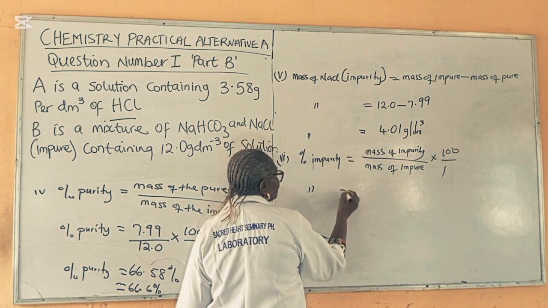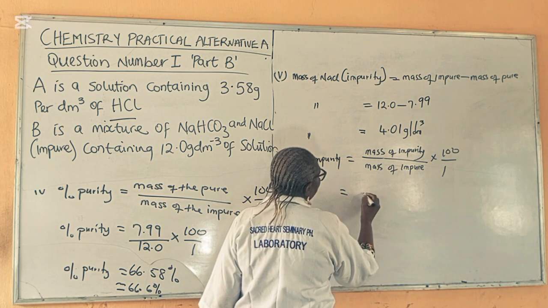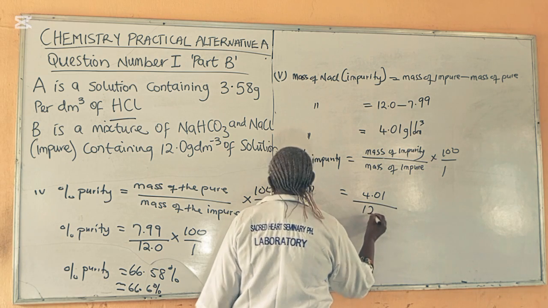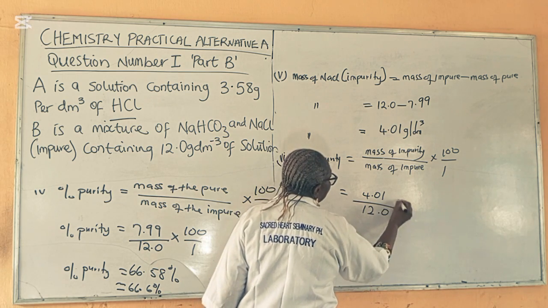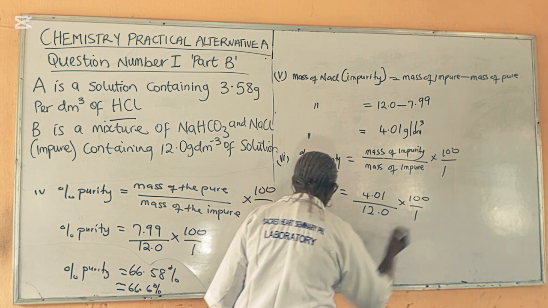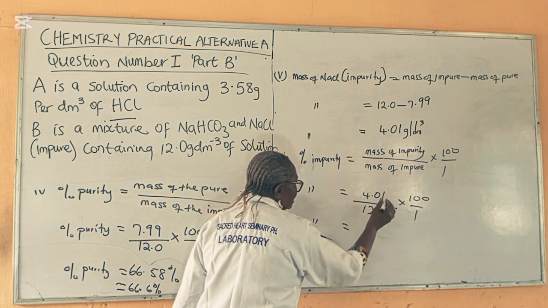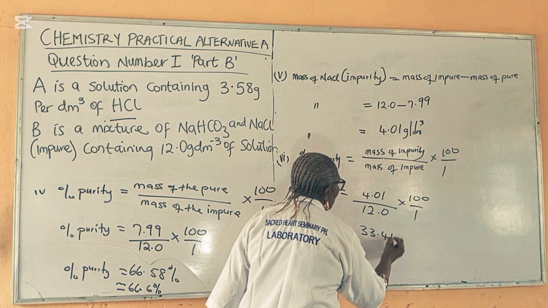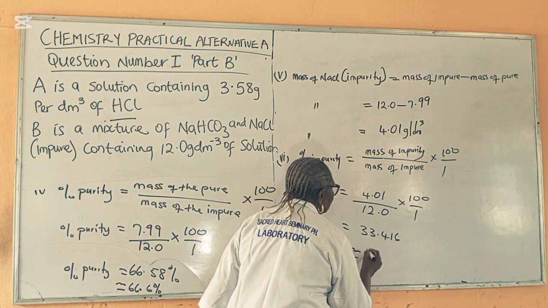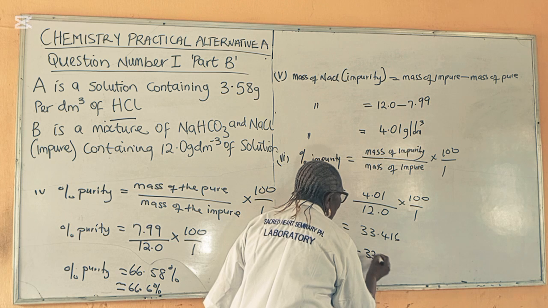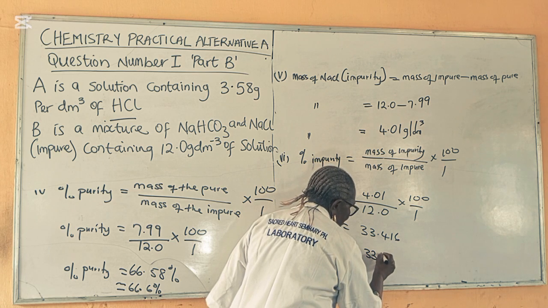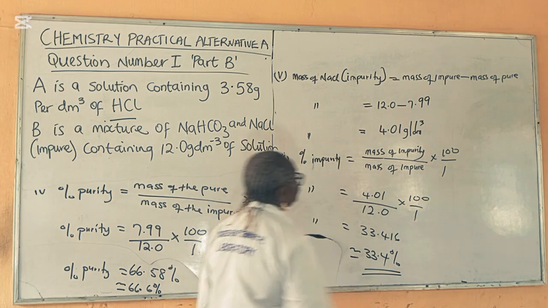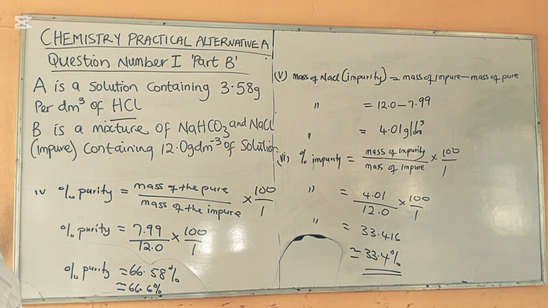You bring it down as usual. The impurity is 4.01. Mass of the impure is that 12.0 times 100 over 1. Then what's your answer? 33.416, which is 33.4%. That's the answer. Meaning that you know what you have done.